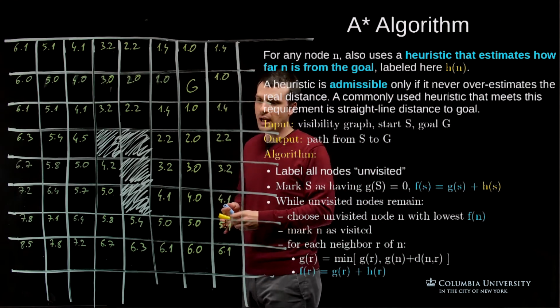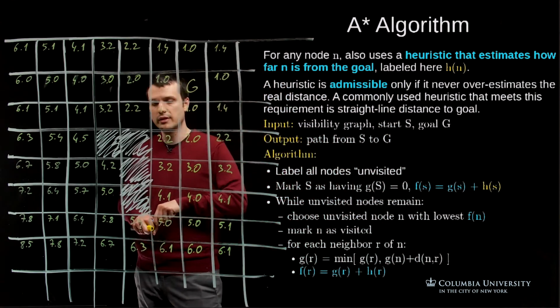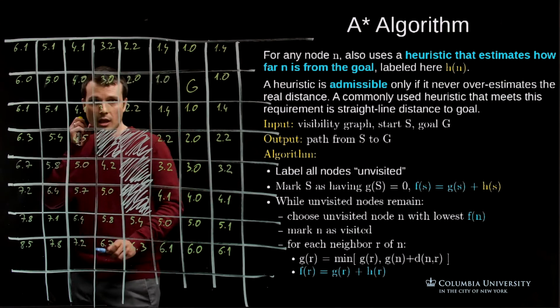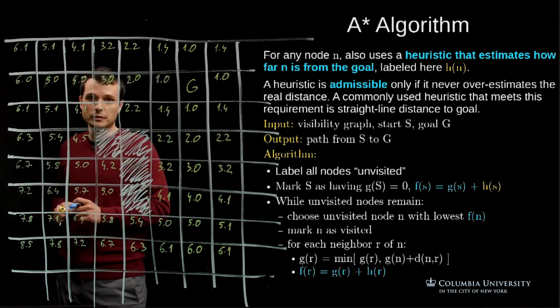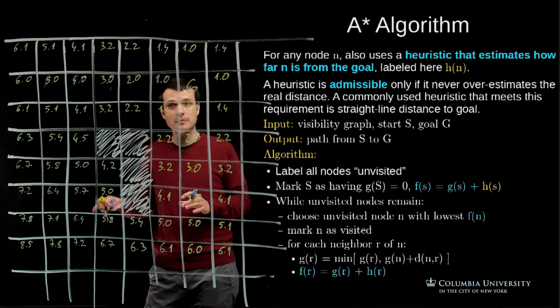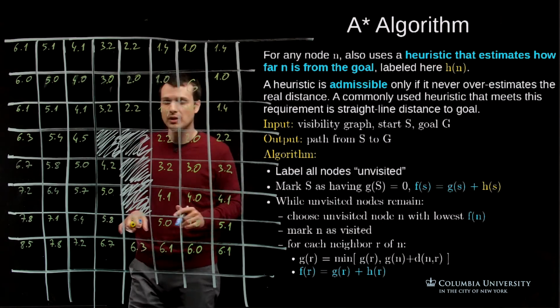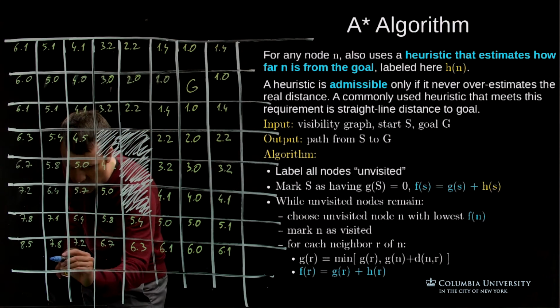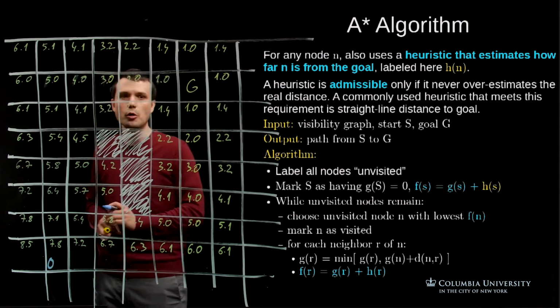So let's go through the algorithm, and this will all become very, very clear. This is my start. In the lower left of each cell, I will write the length of the shortest path from the start to that cell. The shortest path from the start to itself obviously has length 0.